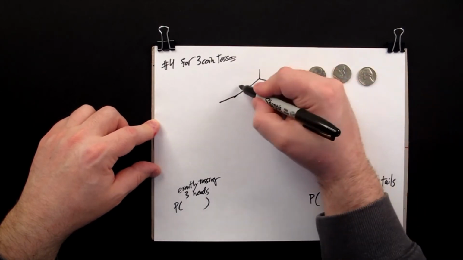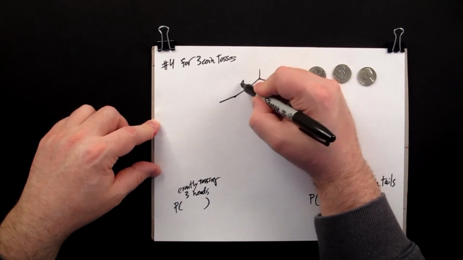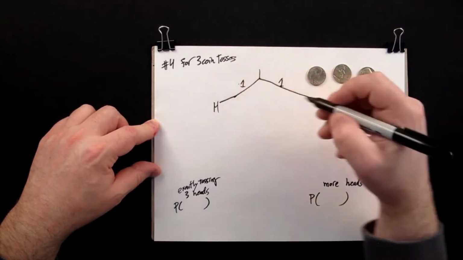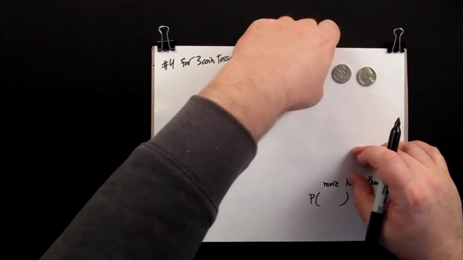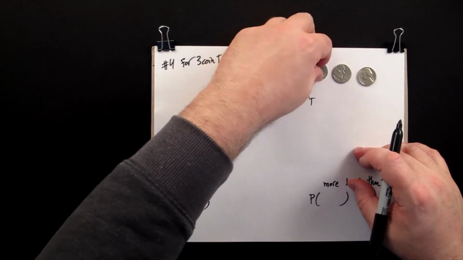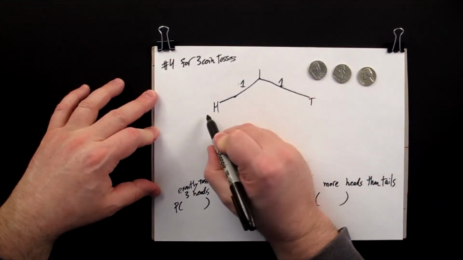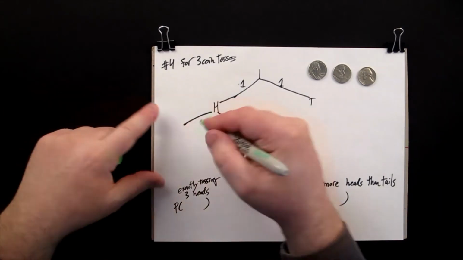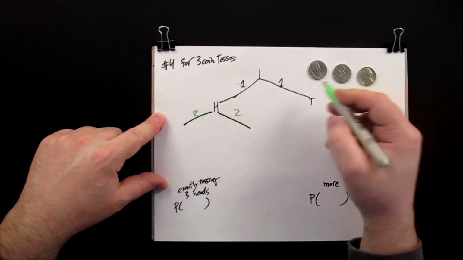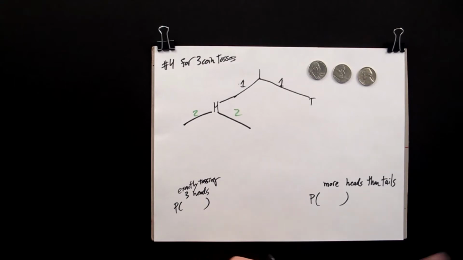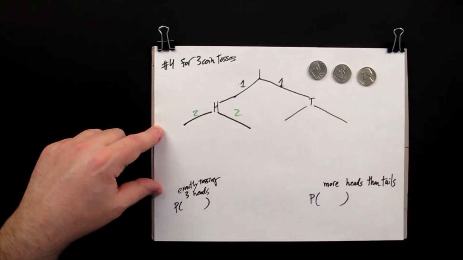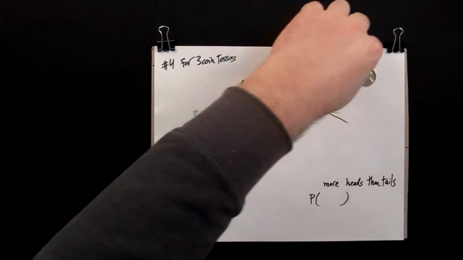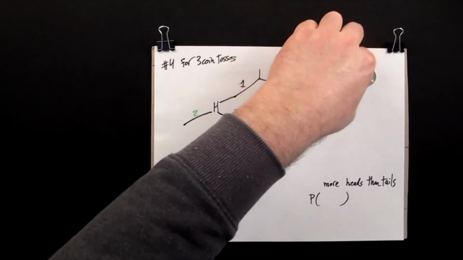You can have the first toss, toss 1, result in heads or tails. Then we have the toss on 2, result in heads or tails.